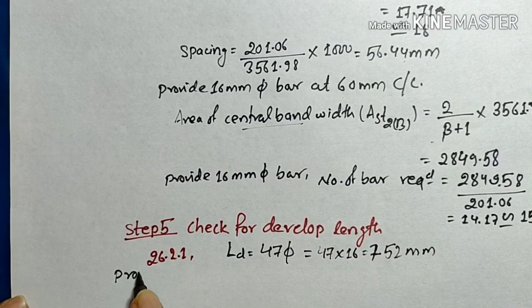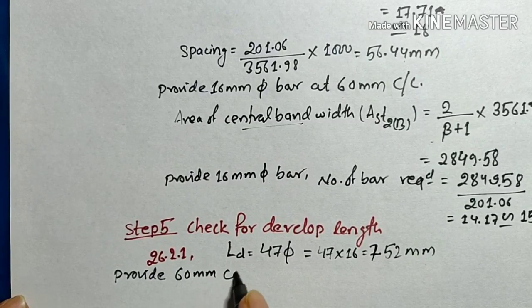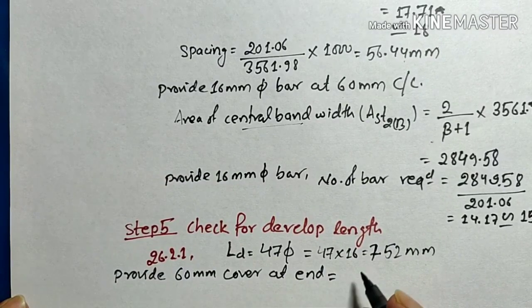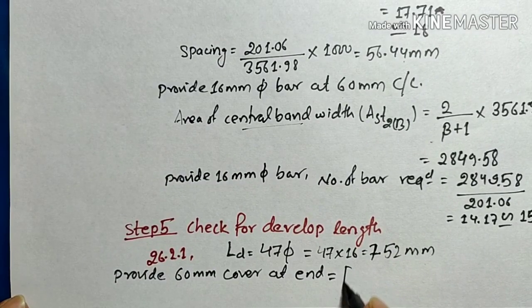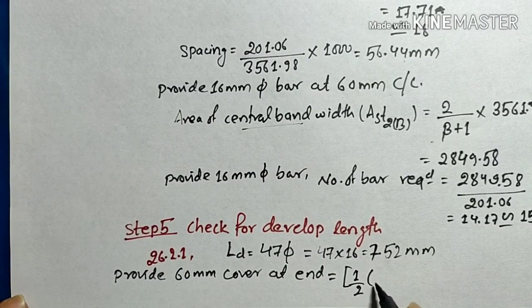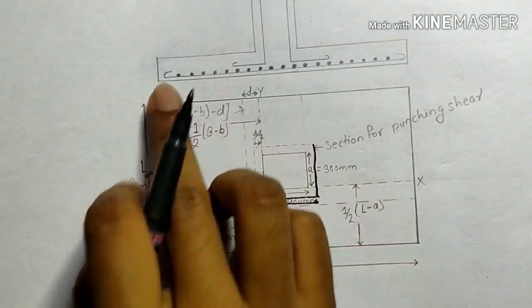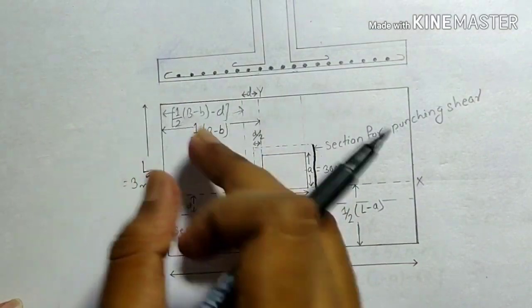Deduct 60 millimeter cover at the end. So our remaining portion will be 1 by 2 times L minus A minus 60. Here, see guys, we are discussing this portion.